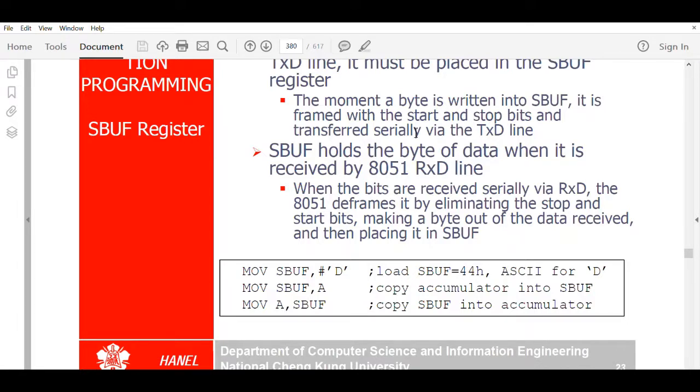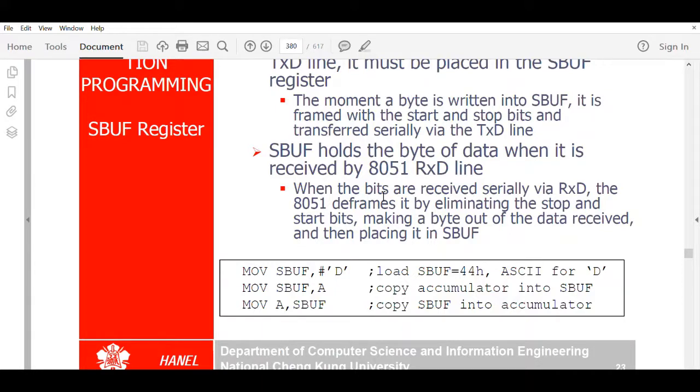At the receiver end, it will be received through the received data line, RXD. Then it will be deframed: the unnecessary information, the start bit and stop bit, will be removed, and only the 8 bits of data will be placed in the SBUF of the receiver. This is the transmitter side, and this is the receiver side.